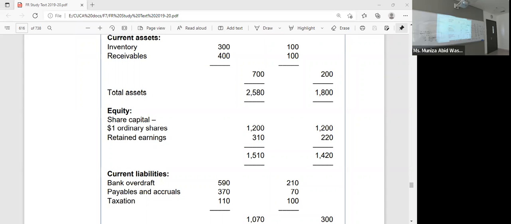Yes, Amiha, you were asking me the concept regarding reversal of impairment. Impairment is very simple. As per IAS 16, whenever we have to take an impairment, it is going to go in SOPL, if it's the first time impairment.